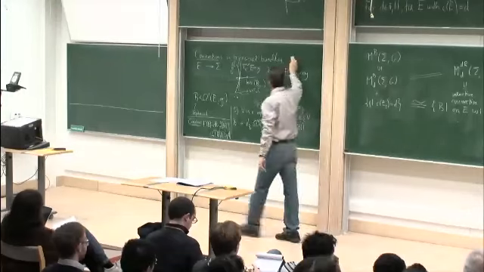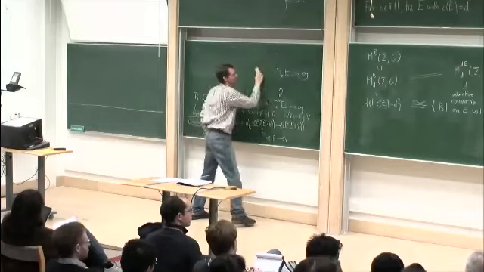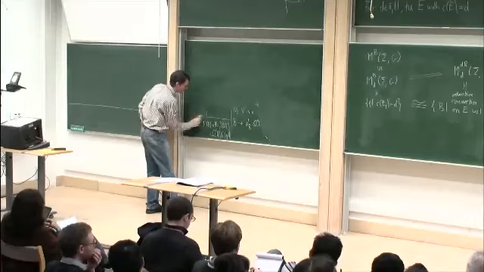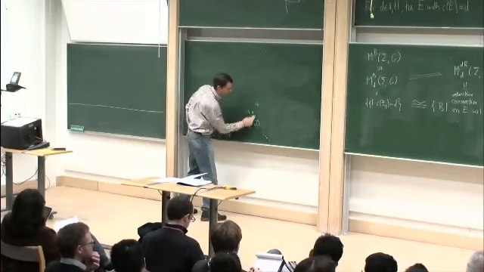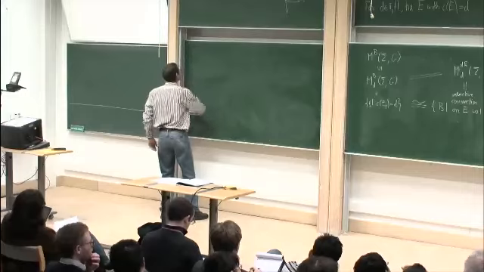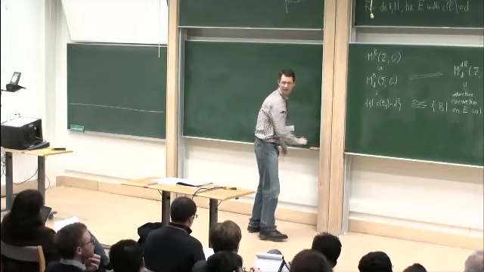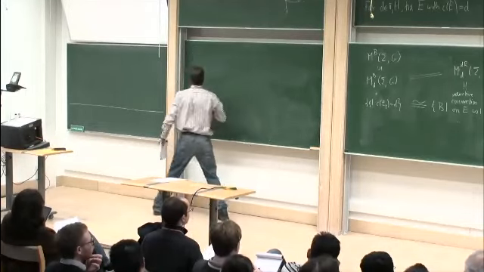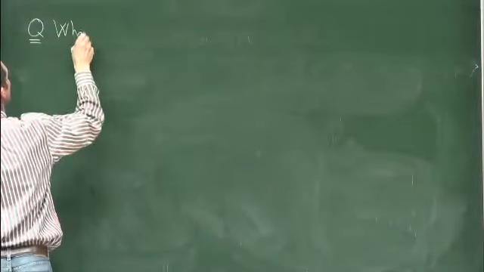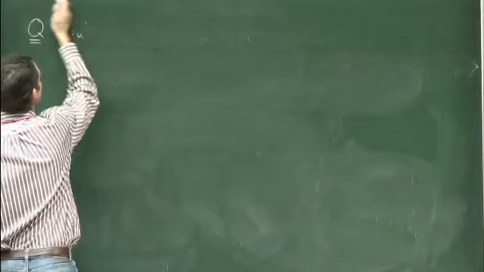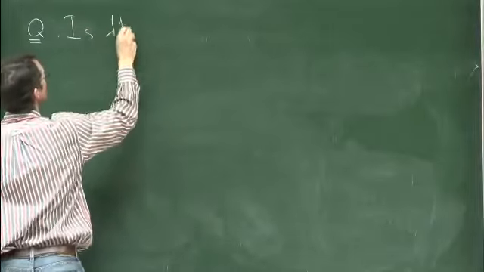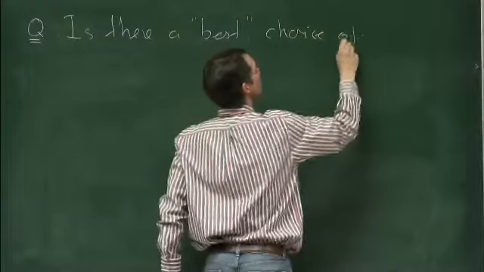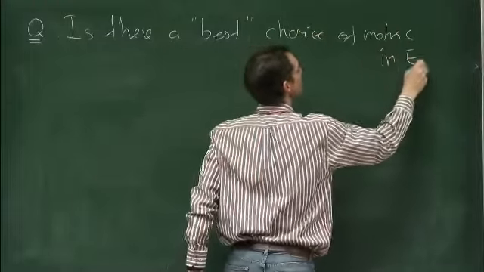So now the question is, if we have a flat bundle like that, is there in some sense a best choice of metric in rho?